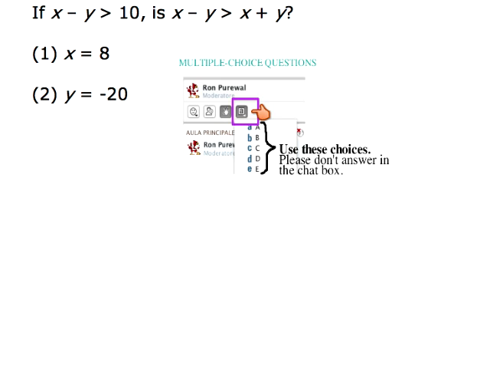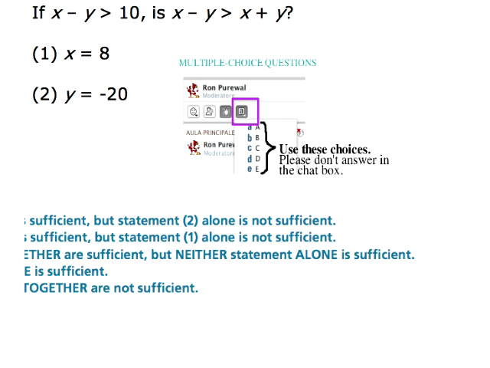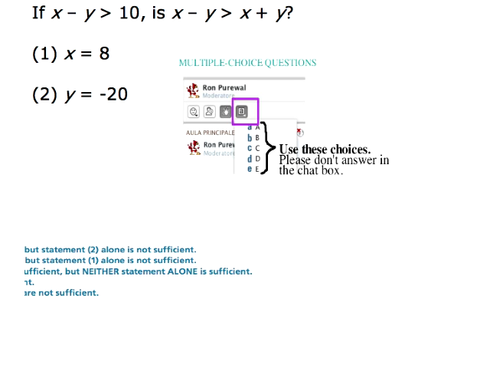We do assume that you are familiar with the data sufficiency answer choices, but just in case, I can go ahead and post them. There they are. If you're here, you probably have these memorized pretty well. Okay, go for it.